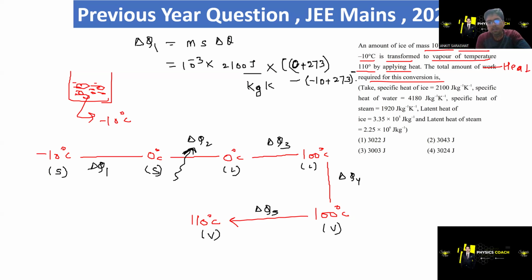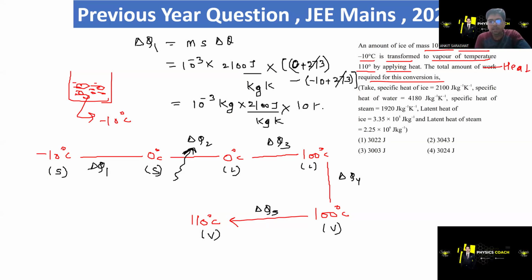Now, why am I writing in Kelvin? I just want to show you. Even if you write in Kelvin, this is 10 to the power minus 3 kg, 2100 joule per kg per Kelvin, you will observe that 273 cancels out. So even if you write in degree Celsius or Kelvin, the change will remain the same.